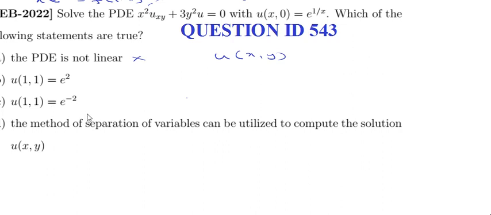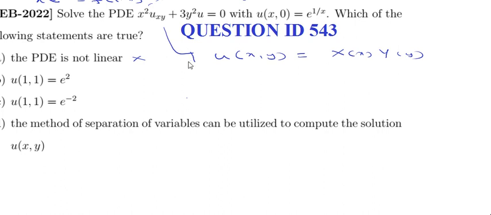So we need to check whether the three options B, C, D are correct or wrong. When we solve this equation using the method of separation of variables, let us assume the solution u of x comma y is of the form capital X of x into capital Y of y.